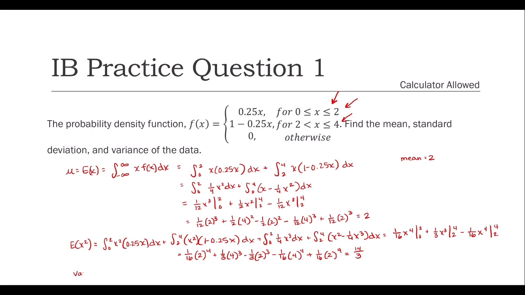So our variance is going to equal our E of x squared, which is 14/3, minus our E of x, which was 2, squared. So that equals 2/3. So our variance is 2/3, and then our standard deviation is going to be the square root of our variance.